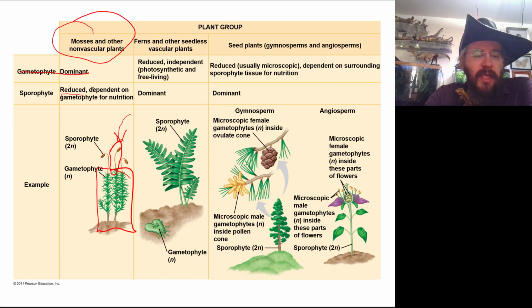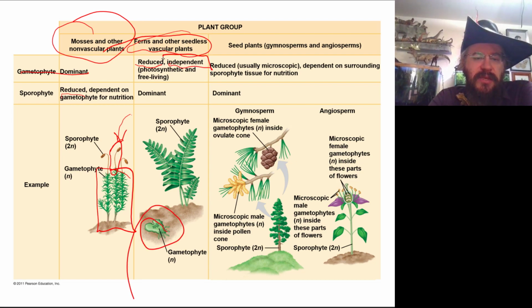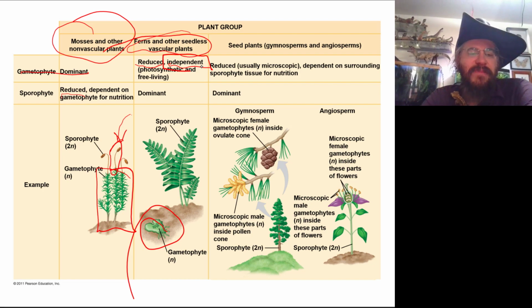So then we get into our seedless vascular plants, including ferns, and we had our gametophyte being reduced. It's small, but it's also independent. Both the sporophyte and the gametophyte stages are independent.